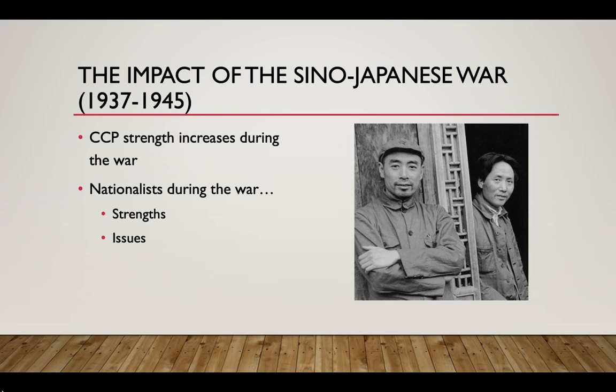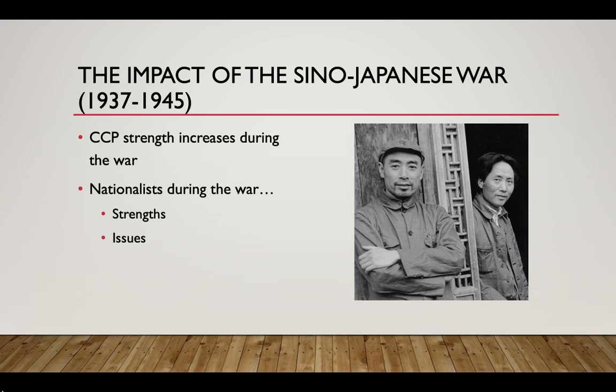They've seen an increase in their membership and a growth in the size of the Red Army. The weaponry, they captured Japanese weaponry during World War II. They didn't get much help from the Soviets. And their image of being nationalists had strengthened during the Sino-Japanese War.